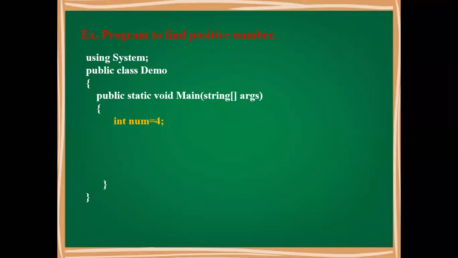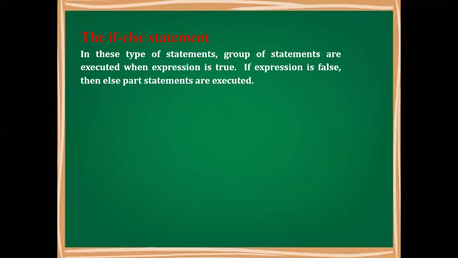In the code block, we have taken integer number equal to 4. If number is greater than 0, then we are writing Console.WriteLine that the number is positive. Very simple logic. If you are writing number 4, obviously 4 is greater than 0, so we get the output positive number.